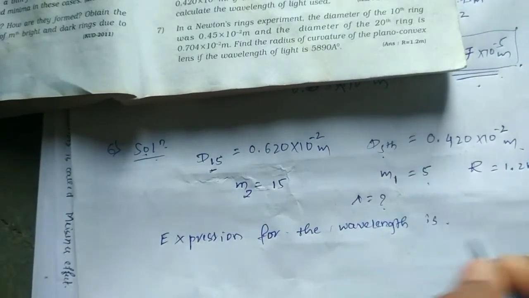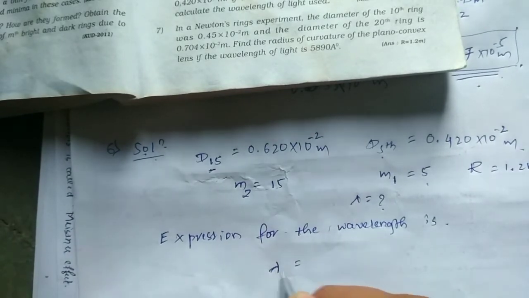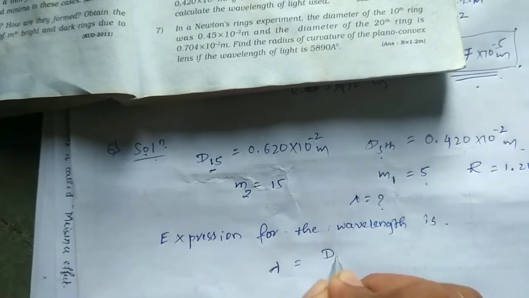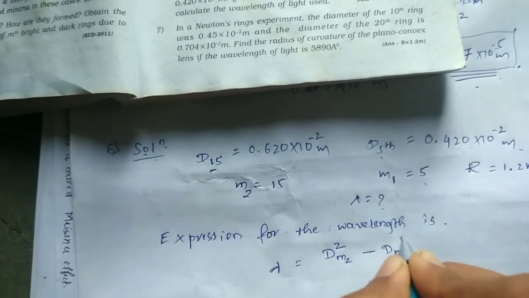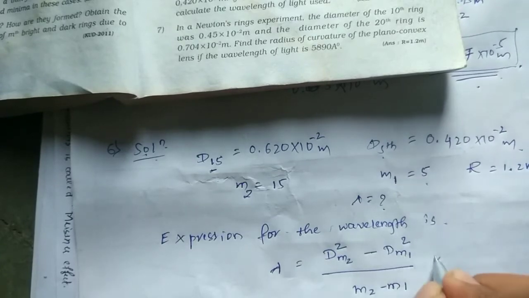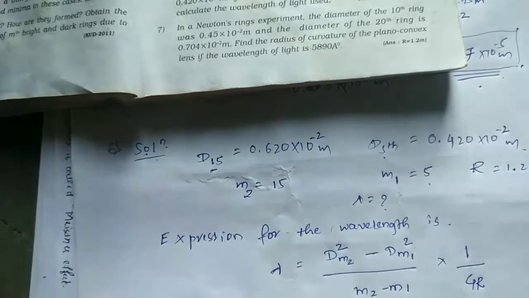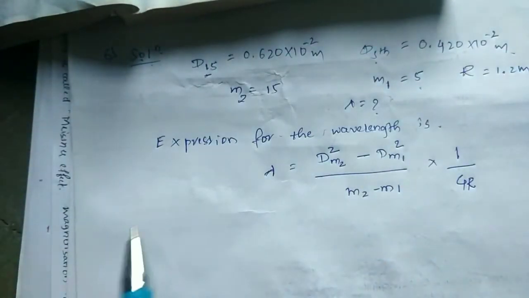For Newton's rings, lambda equals (D_m2 squared minus D_m1 squared) divided by (m2 minus m1), into 1 divided by 4R. This is the formula for the wavelength.